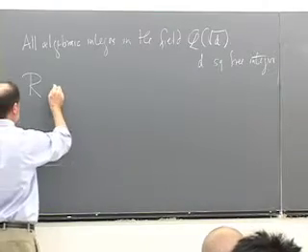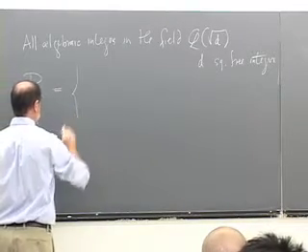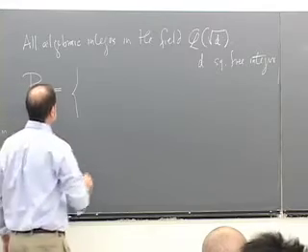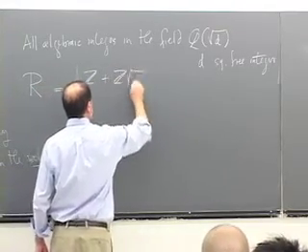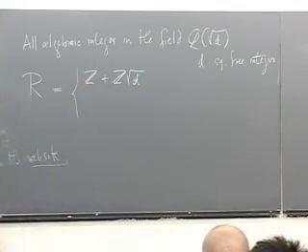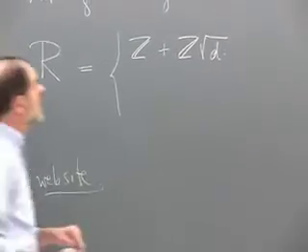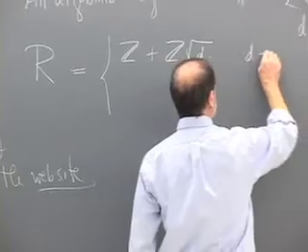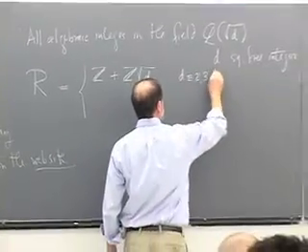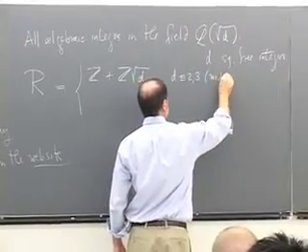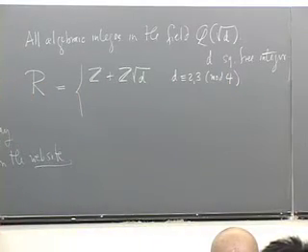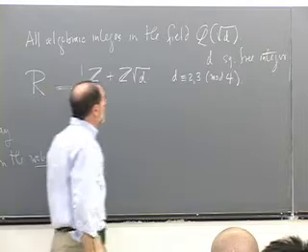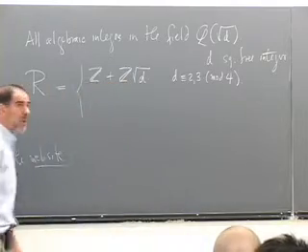And there were two possible cases. There was the case where you always contained all integers plus integer multiples of square root of d. And that was all you got when d was congruent to 2 or 3 mod 4. In the case where d was congruent to 1 mod 4, you got a little more.